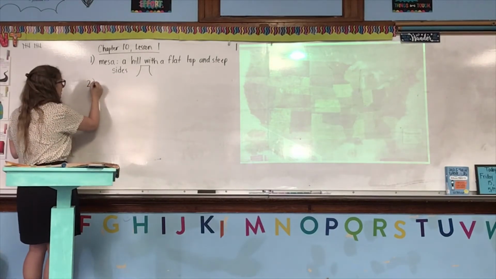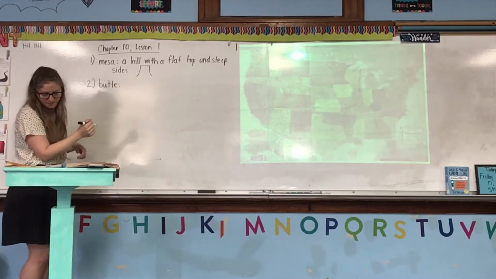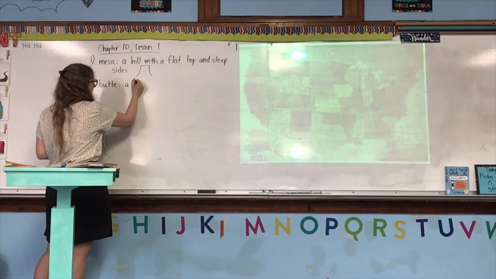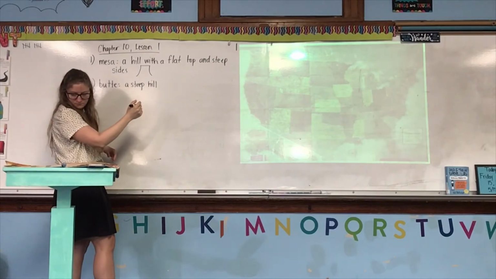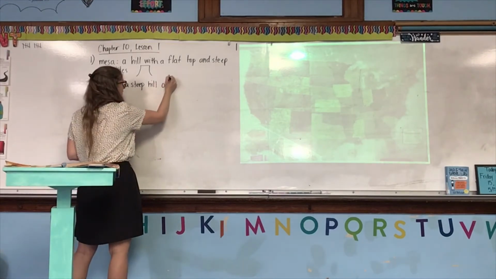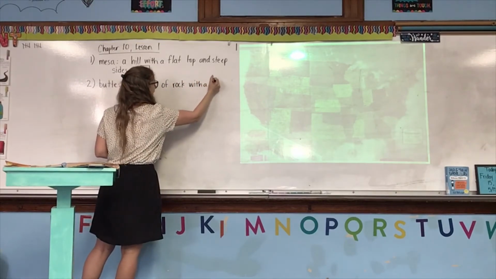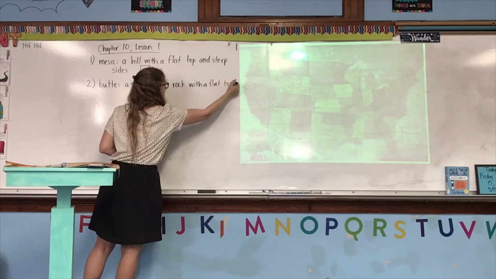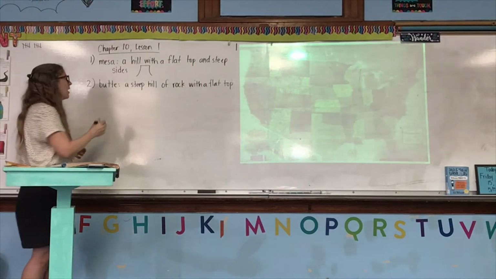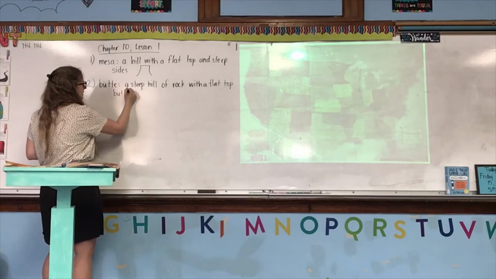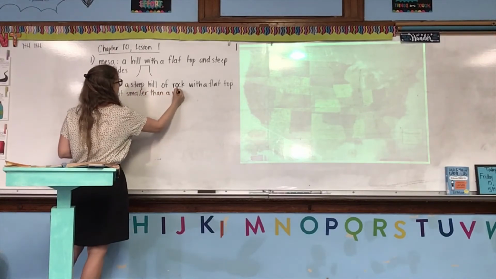So, number 2, butte is a steep hill of rock, so it's made of rock, with a flat top, so it's like a mesa in that it's a steep hill with a flat top, but it's smaller than a mesa.